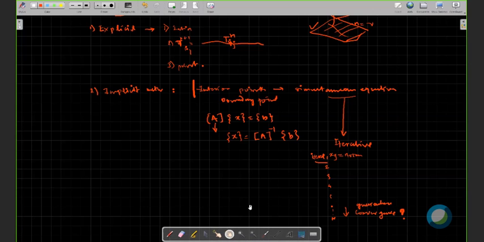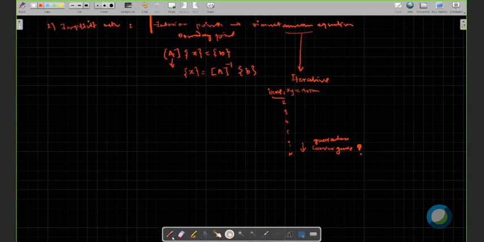To guarantee this, there is a certain thing which is the Scarborough criteria. What this criteria says is, suppose there is a matrix, then we should have a diagonal dominance.